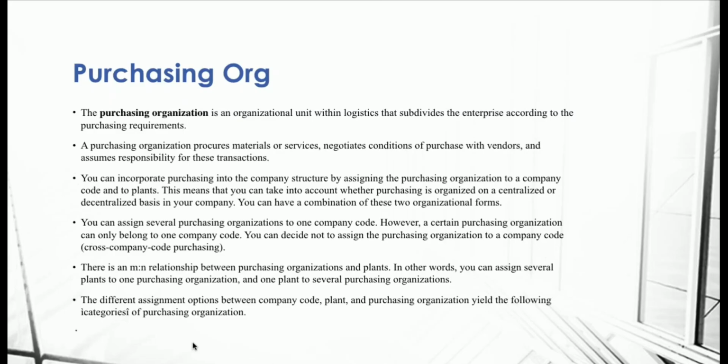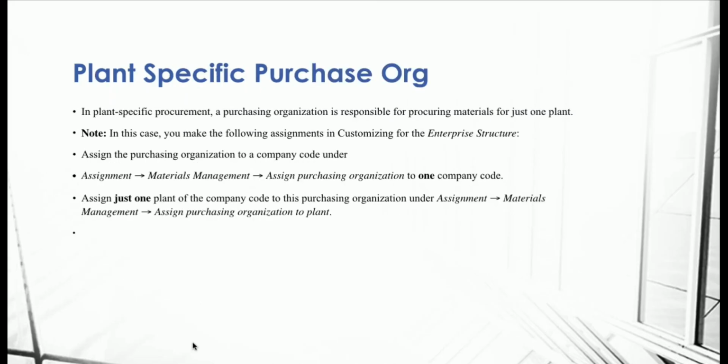The different assignment options between company code, plant and purchasing organization yield the following categories of purchasing organization. Which are those categories? In plant-specific procurement, one plant has a separate purchasing department. A purchasing organization is responsible for procuring material for just one plant. So if I have a purchasing department for a plant, it will be responsible only for purchasing for that plant.